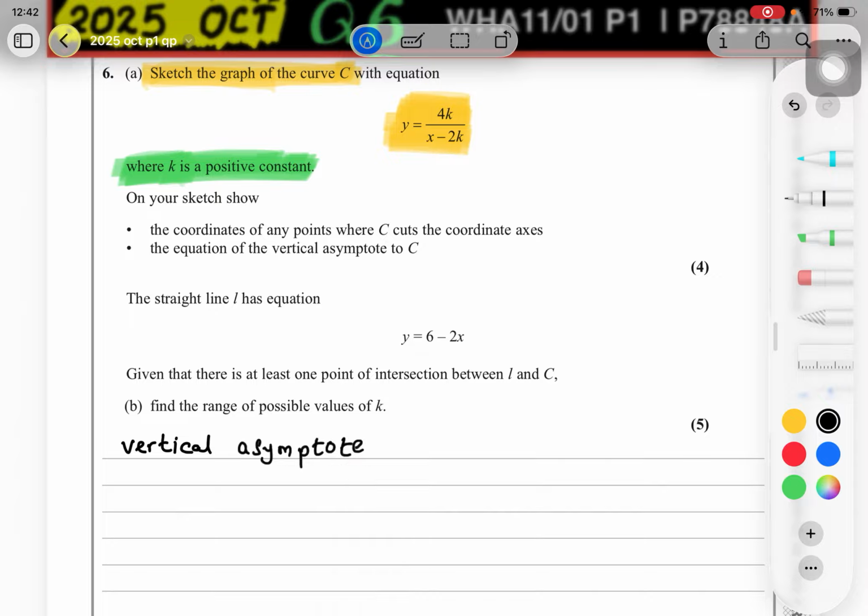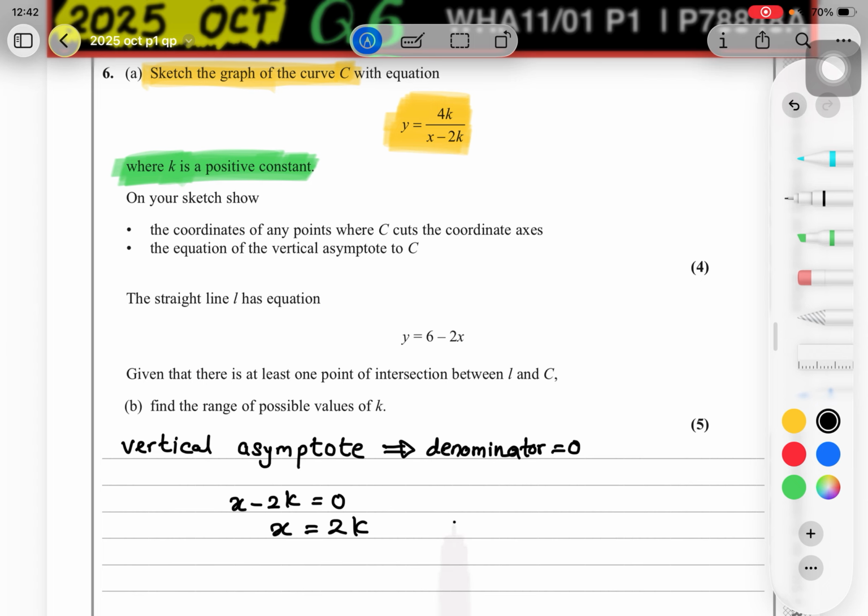So here it is easy. We know the vertical asymptote is taken from the denominator, that is, the denominator being 0. So x minus 2k is 0, so x equals 2k.